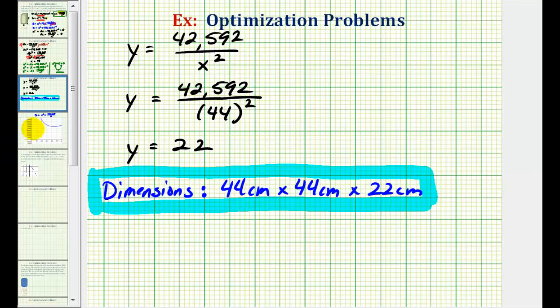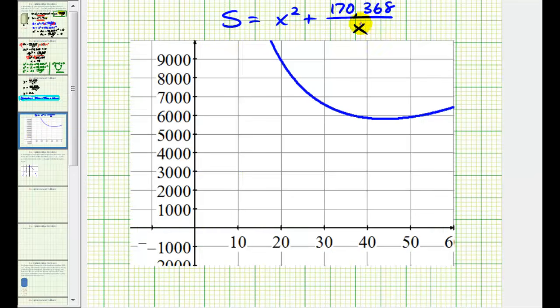To verify this, let's take a look at the graph of the surface area formula once we had it in terms of x. Here's the surface area formula that we used. Notice if we graph this, here's the location of a minimum value for the surface area. Notice the x value does appear to be 44. Notice the y value would actually be what that minimum surface area would be.